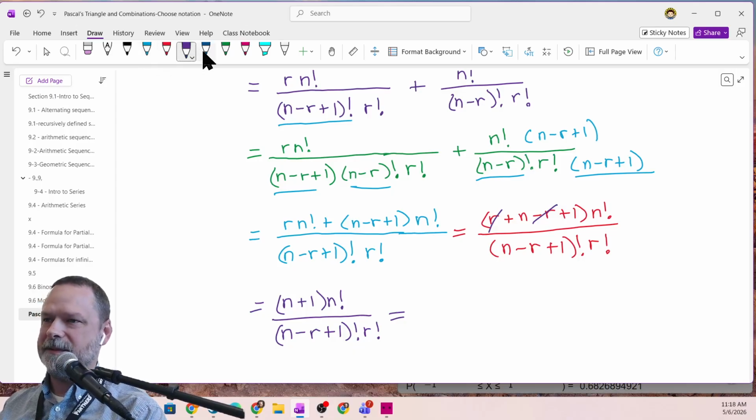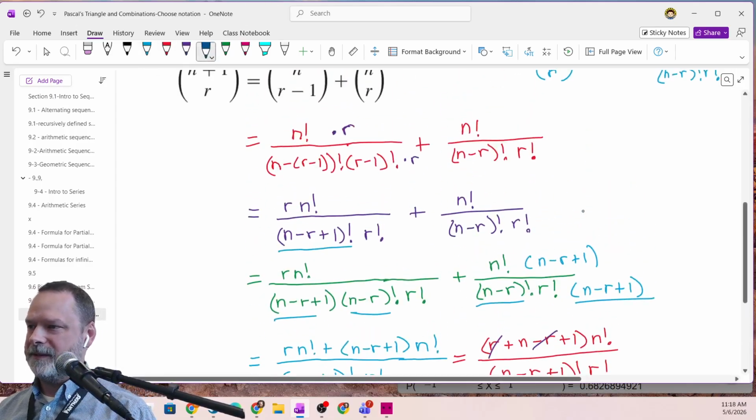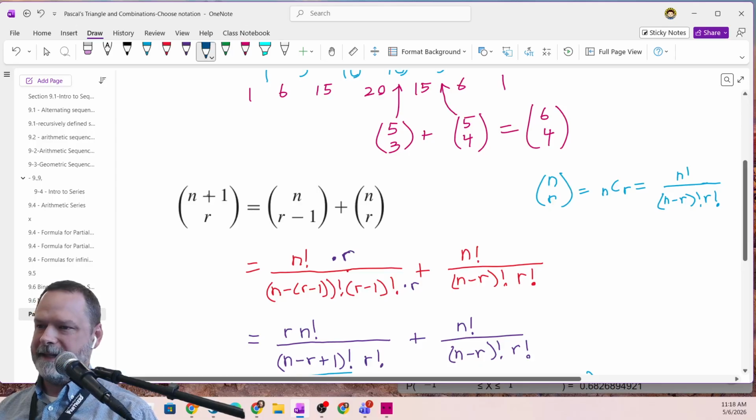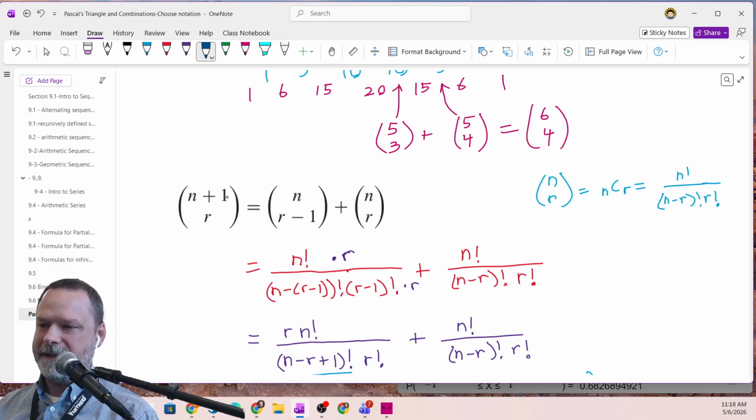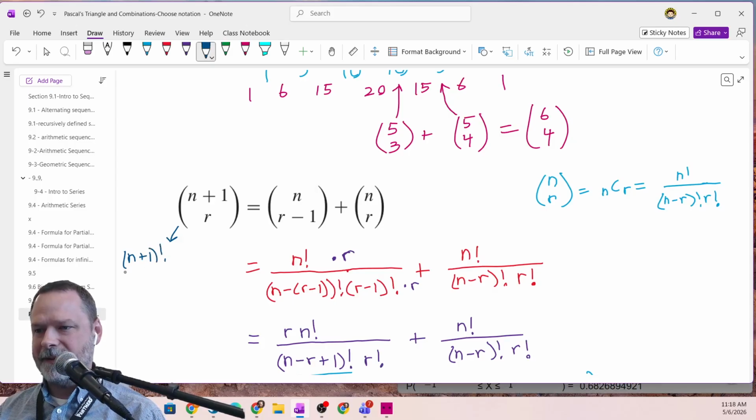And remember what we're trying to get. We're trying to get n plus 1 choose r. What is n plus 1 choose r? That's going to be n plus 1 factorial over n plus 1 minus r factorial times r factorial.